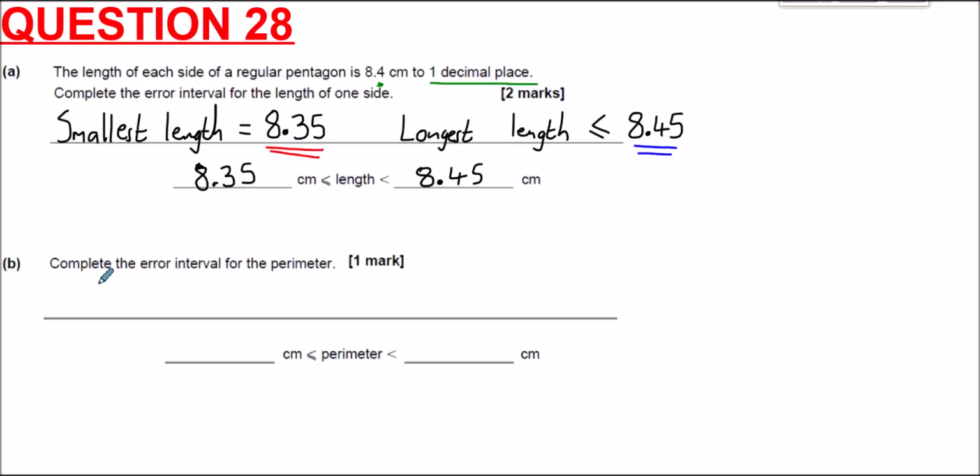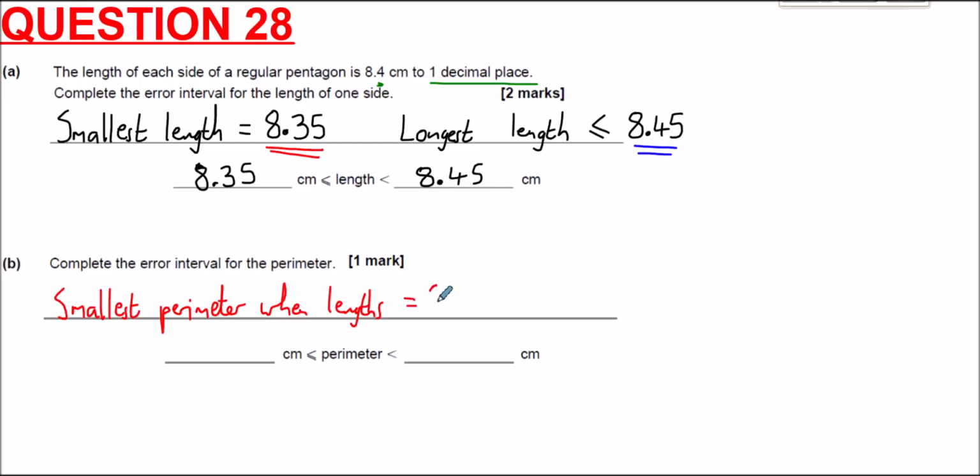Now for part B, we need to complete the error interval for the perimeter. And so what's the smallest possible perimeter? What's the largest possible perimeter? Well, the smallest perimeter will be when the lengths are at the smallest.